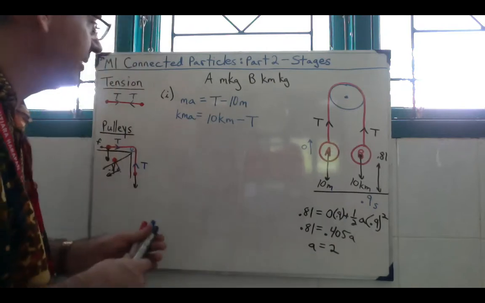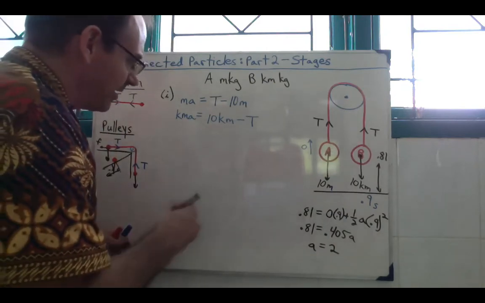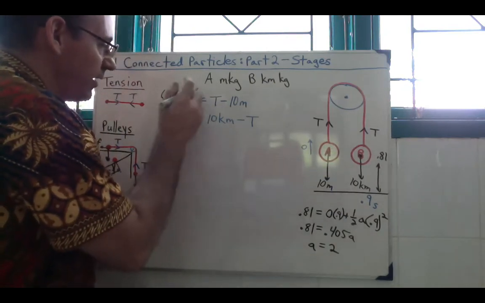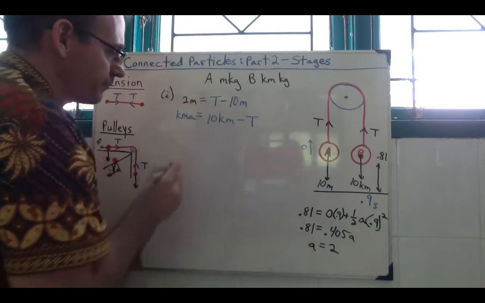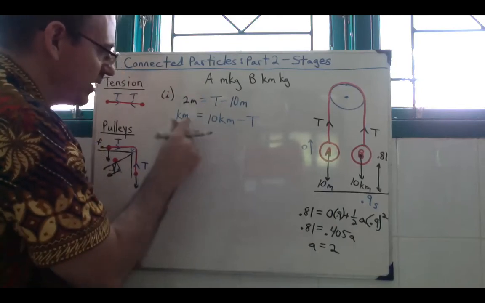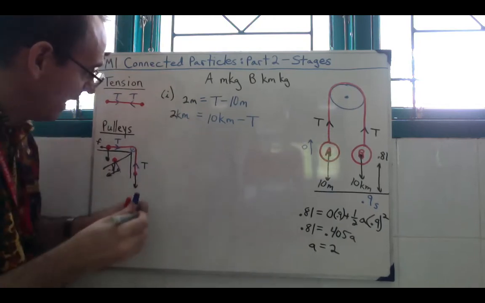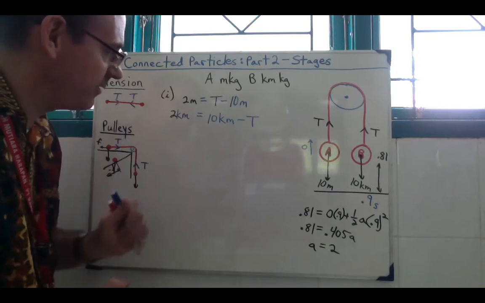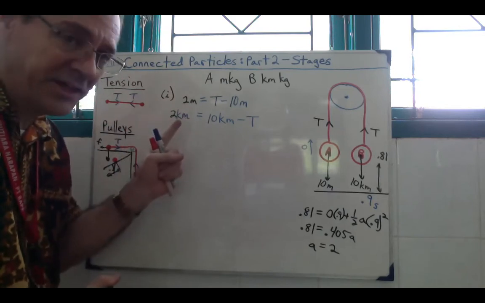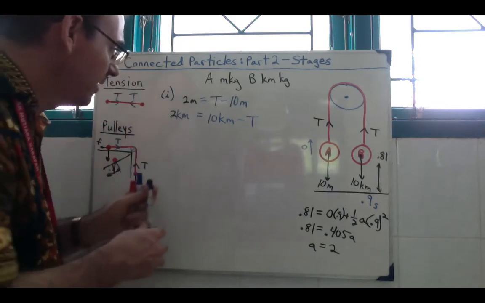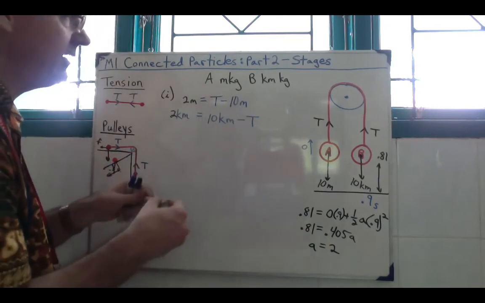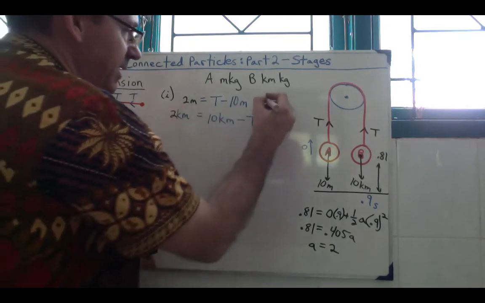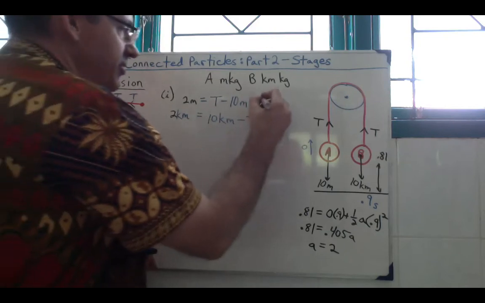We find acceleration. Now we can come back here and change this to a 2m, and we can change this to 2km. Now we can continue on because we got rid of the a. We want tension in terms of m. So now this is quite easy up here. Just add the 10m to the other side.